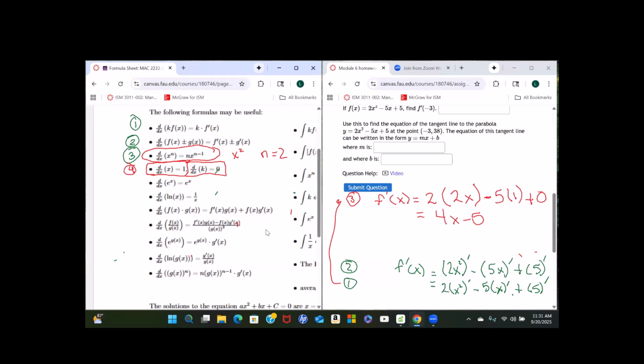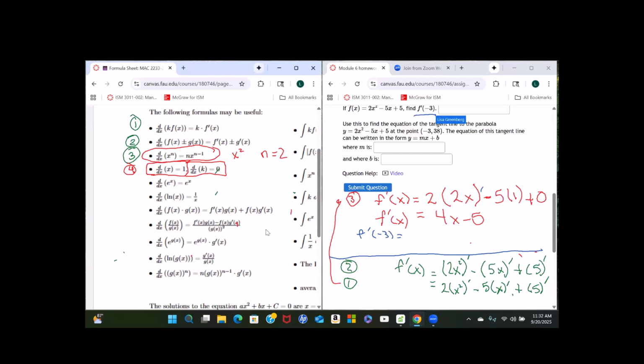Yes. Now I know that the derivative of this function is equal to 4x minus 5 anywhere on this graph. But that's not what they're asking me, is it? They want to know the derivative of the function at a point. Now I want to know what f prime of minus 3 is, don't I? Yes.